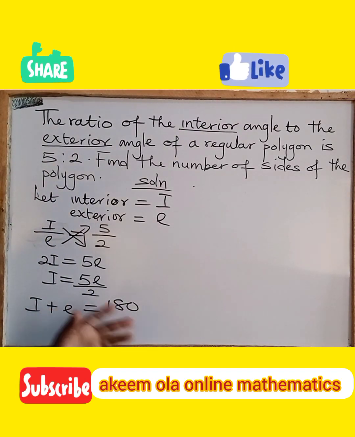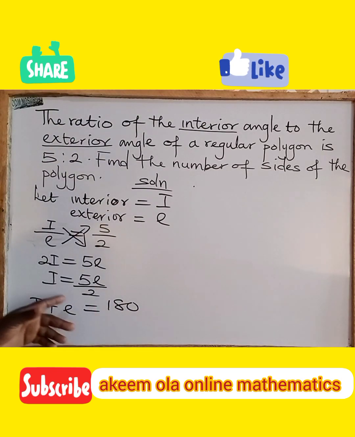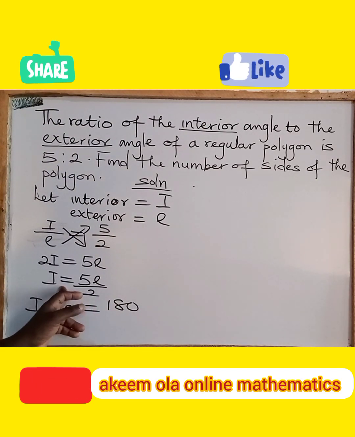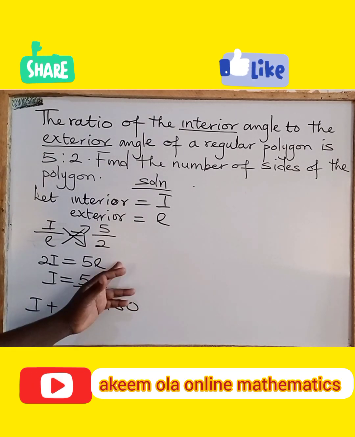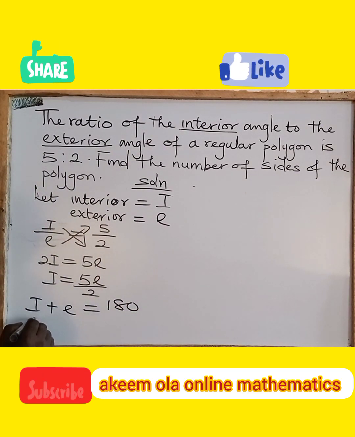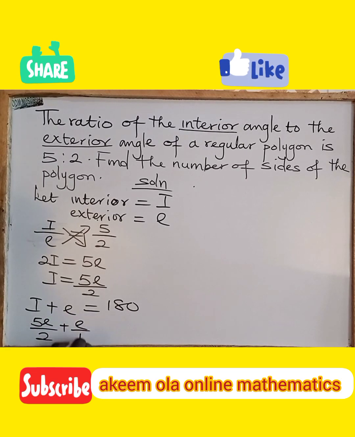If you look at this very well, you will observe that we have gotten a formula for our I in terms of E. Our I is equal to 5E all over 2. That means we have 5E all over 2 plus E all over 1 is equal to 180.